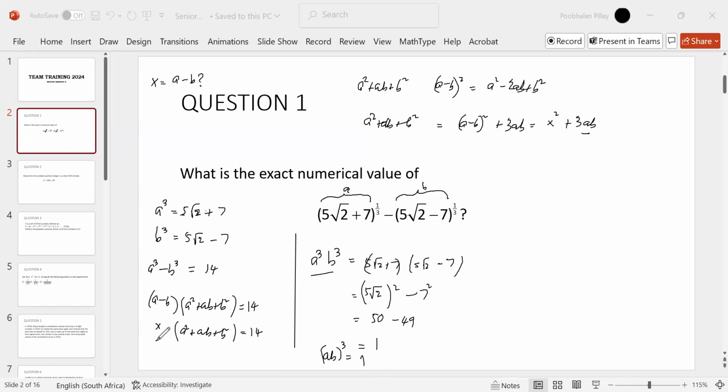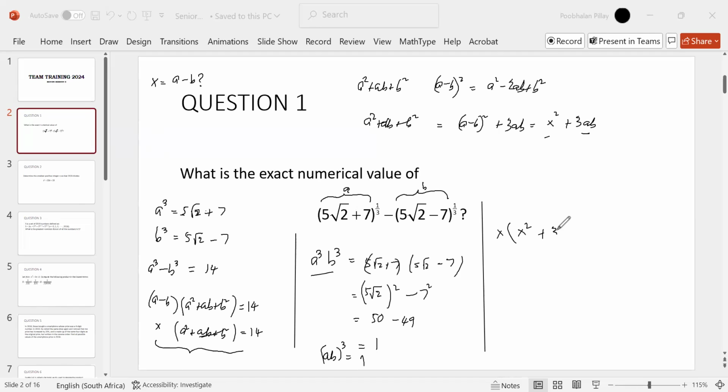So let's go back to the equation which started this all. And there it was x into, and we just saw that this thing here is x squared, and we saw that this is 1.